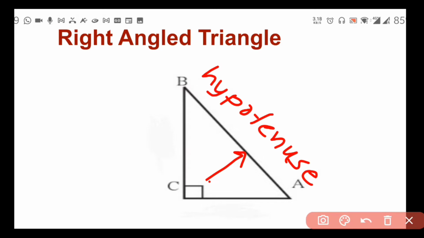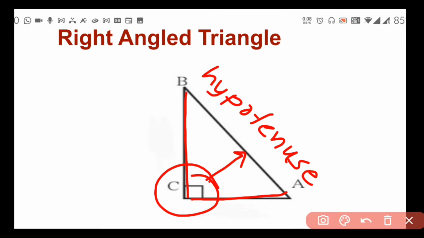And remaining 2 sides are known as sides forming right angle. So we can observe here side BC and side AC, when joined together, angle C is formed. So angle C is formed due to side BC and side AC, and that's why side BC and side AC are known as sides forming right angle.